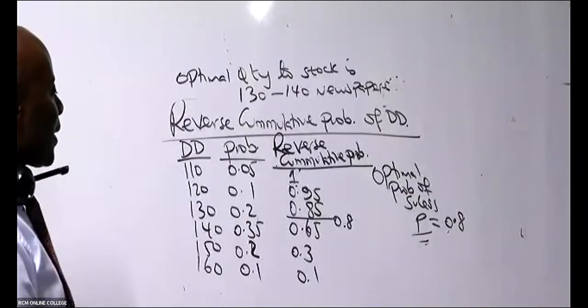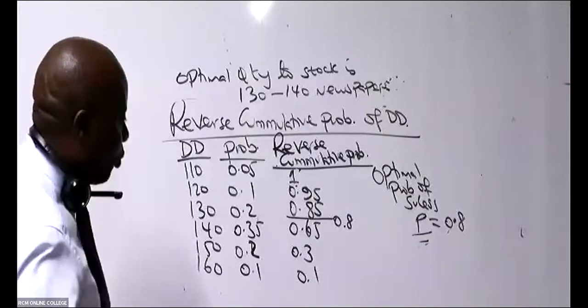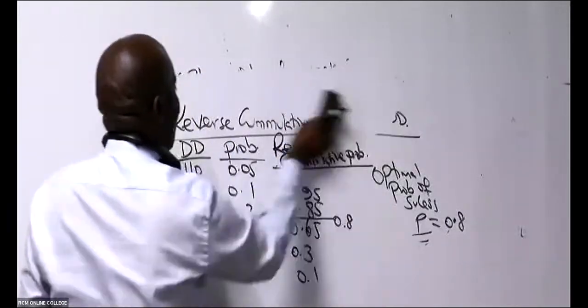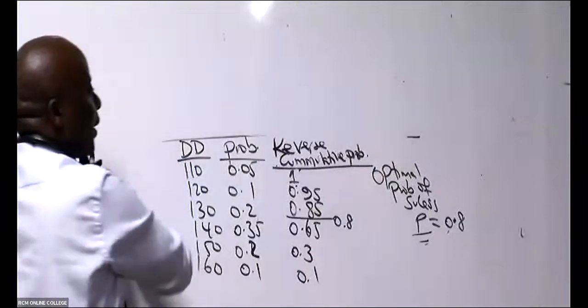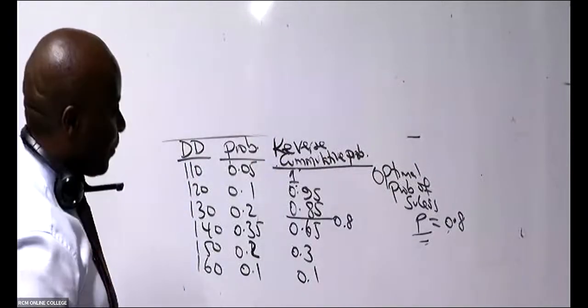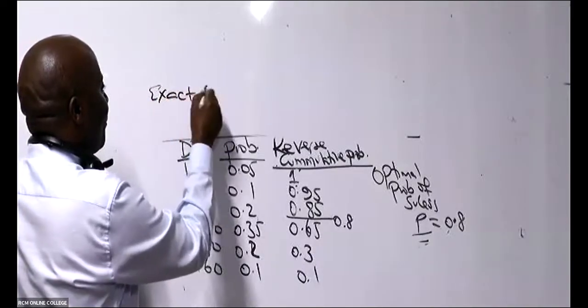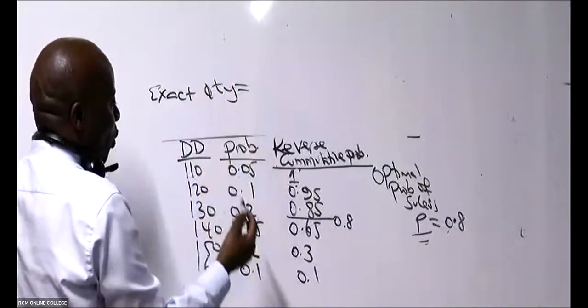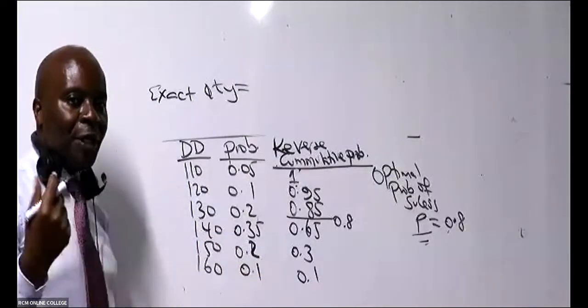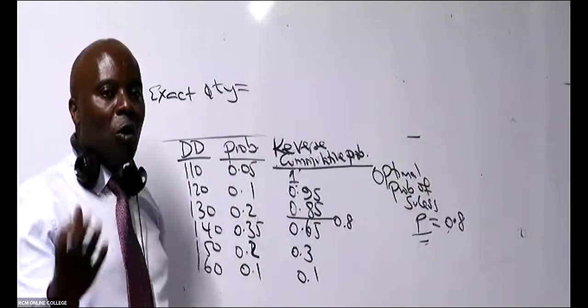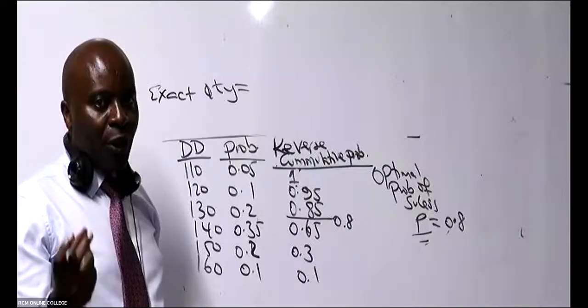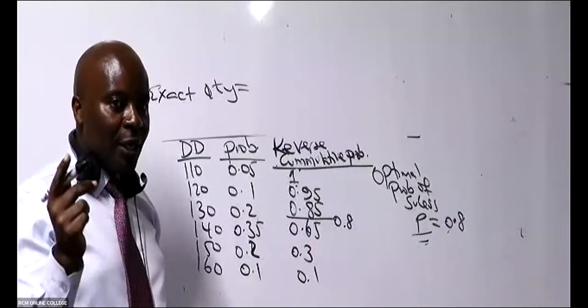So, ladies and gentlemen, this is how we do it. To get the exact quantity with the decimals, because we're using a continuous distribution, remember we have discrete distribution and continuous distribution. Continuous distribution has decimals.